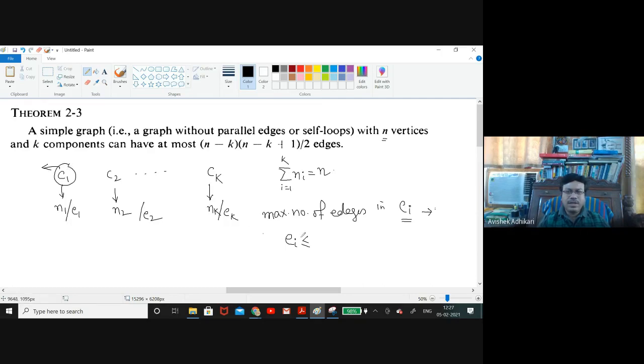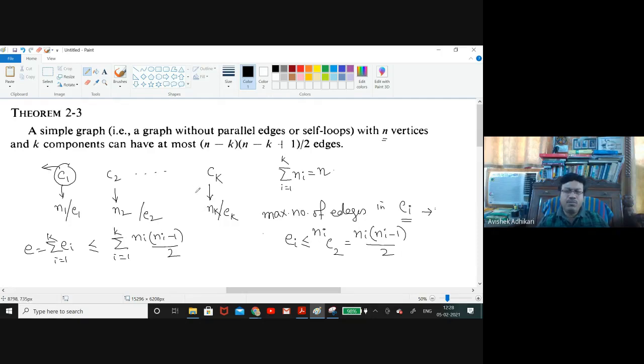So each Ei must be less than or equal to Ni choose 2, that means Ni into Ni minus 1 by 2. So in the whole graph, the number of edges E, the sum from i equal to 1 to k of Ei, should be less than or equal to the summation from i equal to 1 to k of Ni into Ni minus 1 by 2.